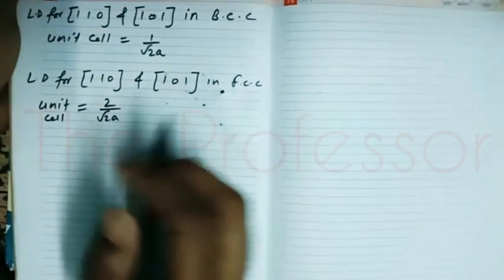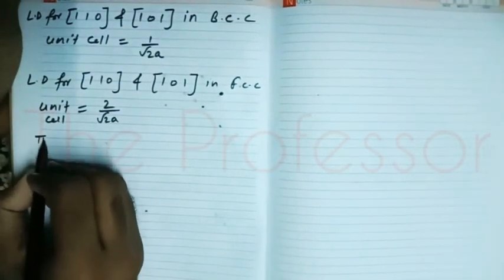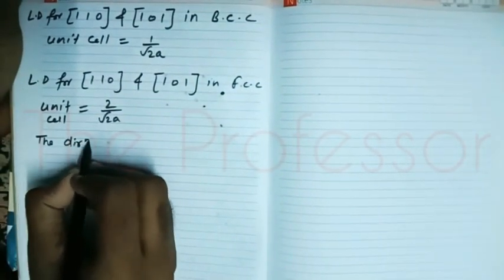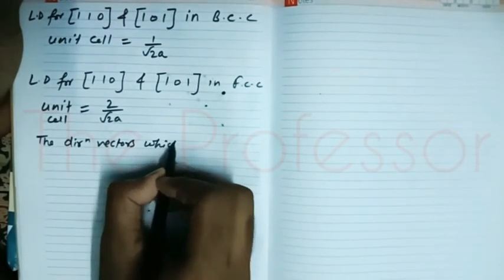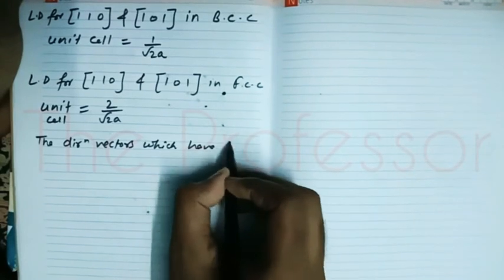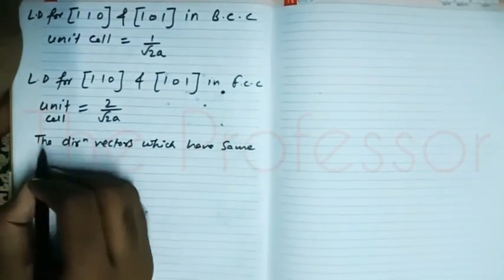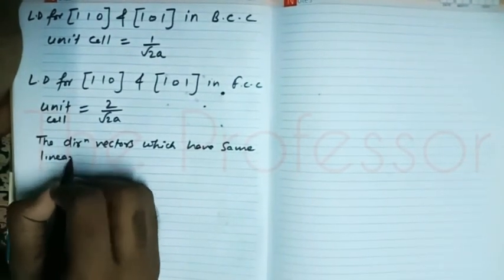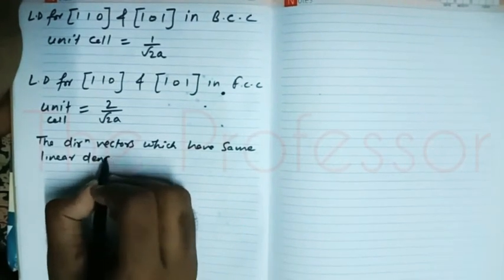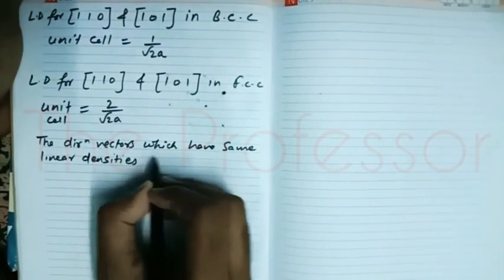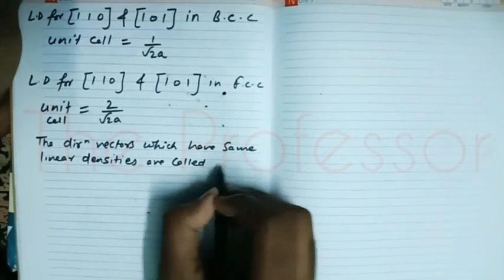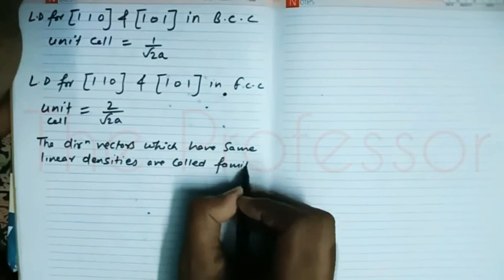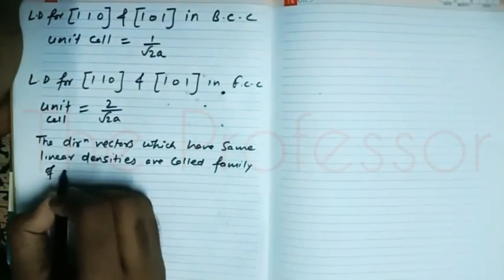So those direction vectors which have the same linear densities are called a family of directions.